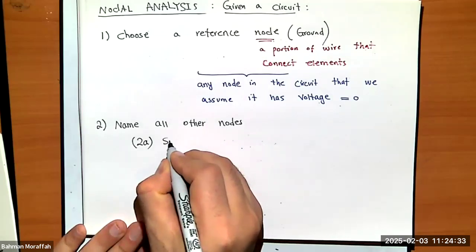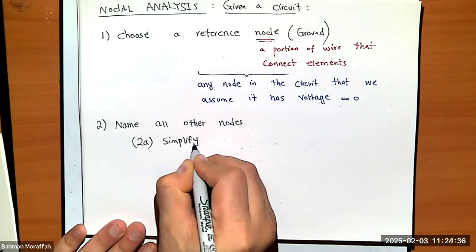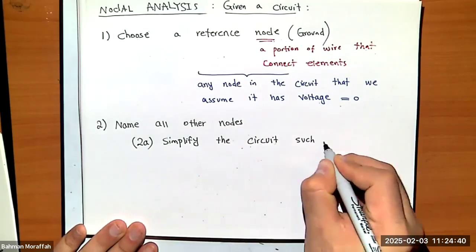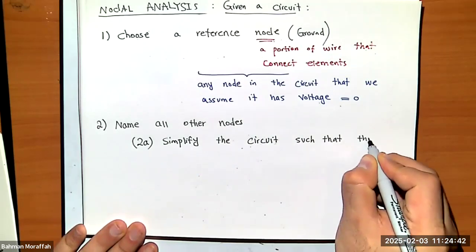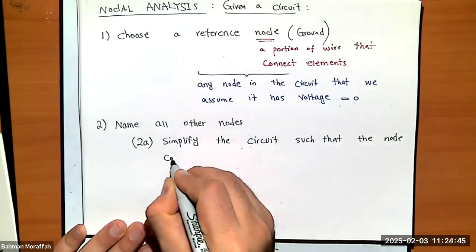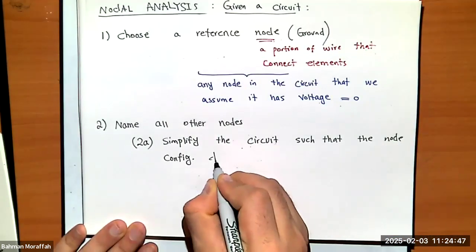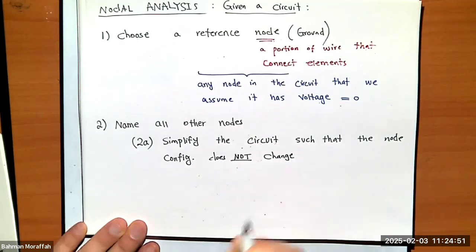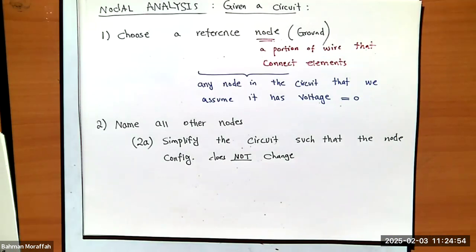So simplify the circuit such that the node configuration does not change. Again, this step is not mandatory, and it's not applicable all the time either. But if there is a circuit that allows you to do that, you can always do that.